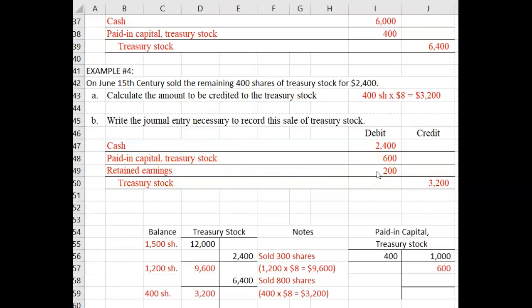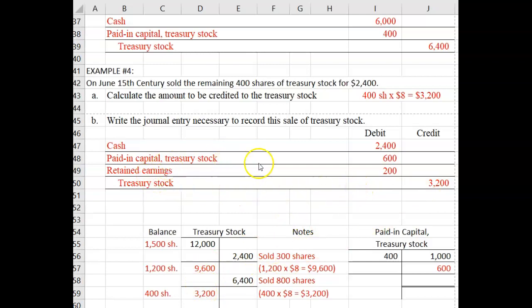So the journal entry is debit cash $2,400, debit paid-in capital $600, that will zero out that account balance, debit retained earnings $200 to make the journal entry balance, and credit treasury stock $3,200. That will zero out this account balance.